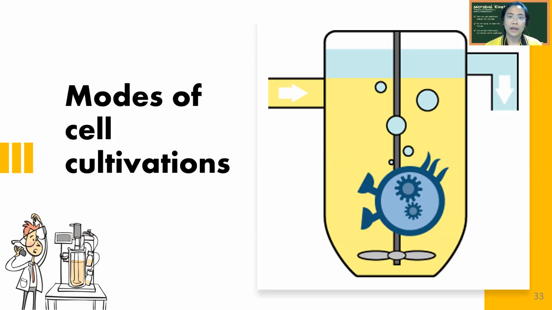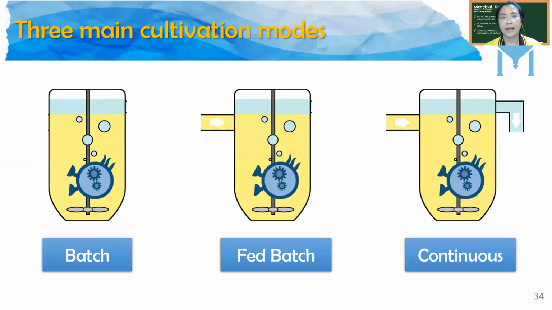So our lecture today, following the kinetics, is about the mode of cultivation, or what you normally say, a mode of fermentation. In cultivation of microorganisms, there are three main cultivation modes.